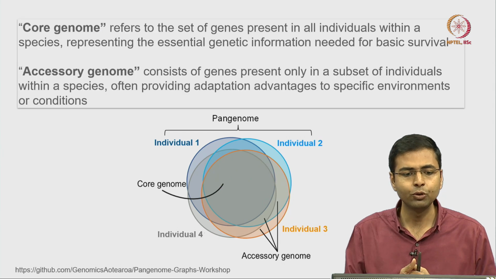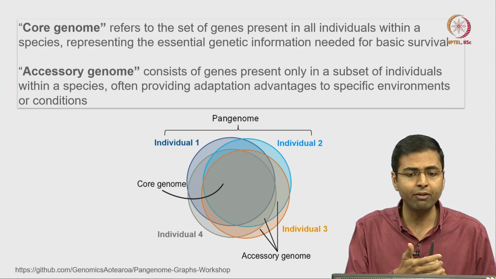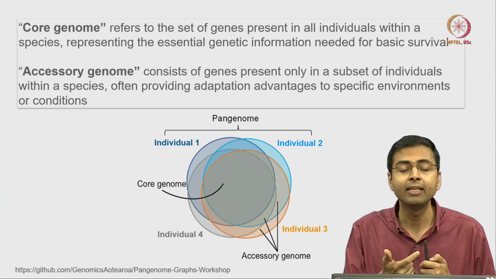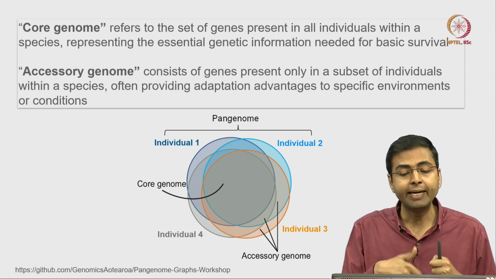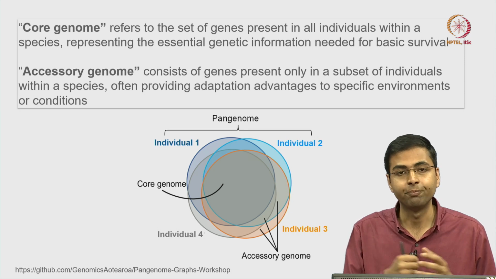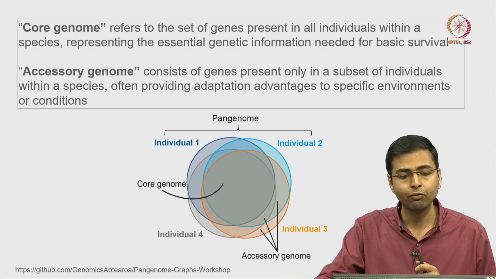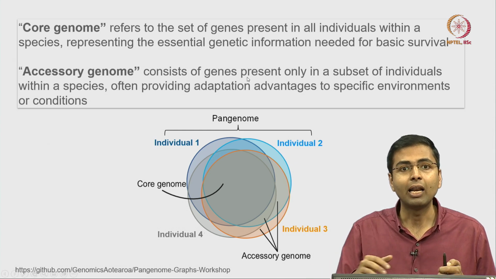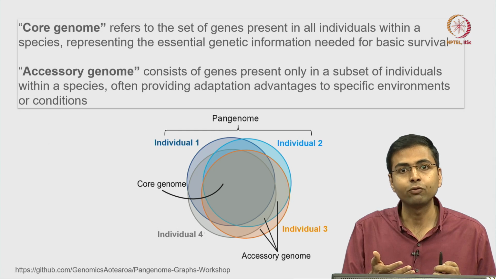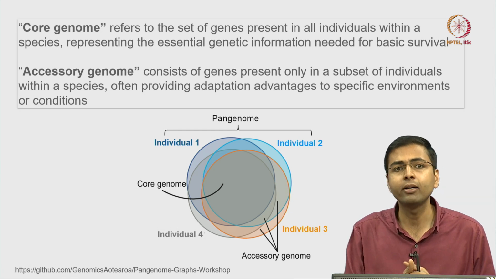This analysis is useful because in research we may want to analyze the core genome, to see the set of genes that are present in all individuals, which represent the genetic information needed for basic survival. Whereas the accessory genome would usually correspond to the set of genes that would allow a subset of those individuals to adapt better to specific environments or conditions.